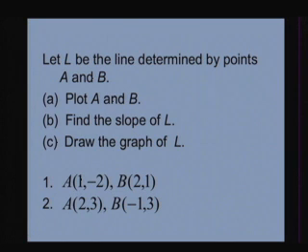Number one, we have the point A, which is 1, comma negative 2, and B, which is 2, comma 1. Our second example will be point A, 2, comma 3, and point B, negative 1, comma 3.